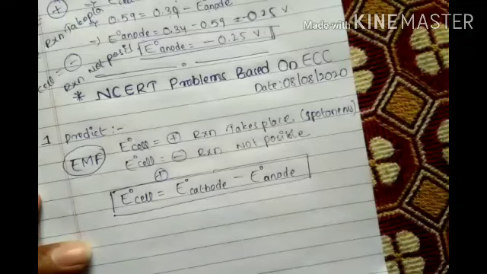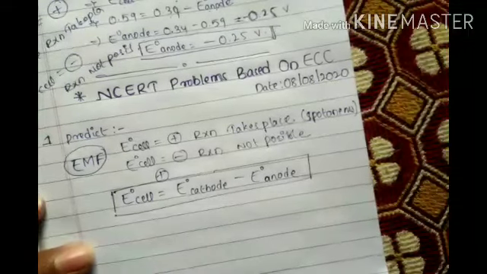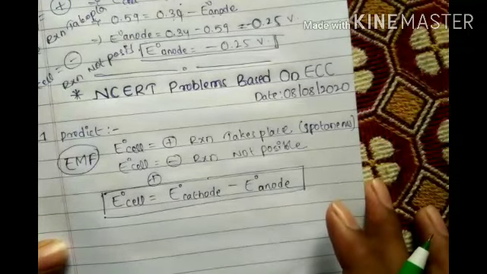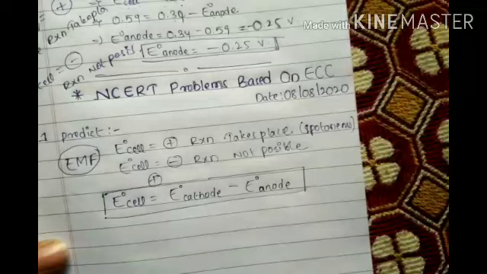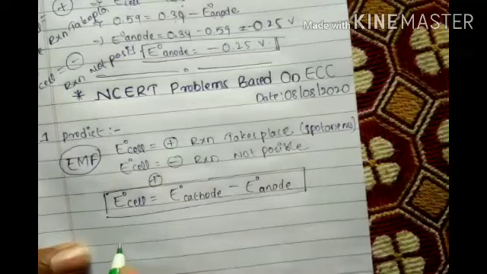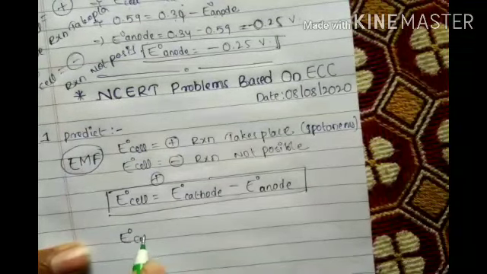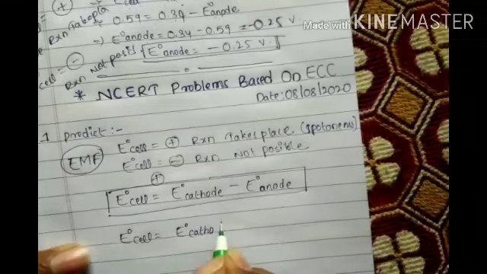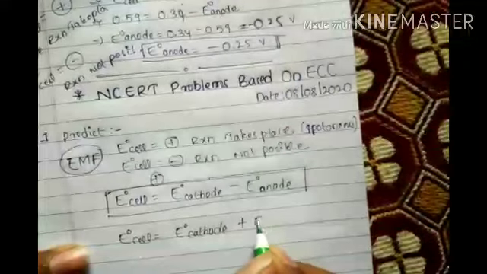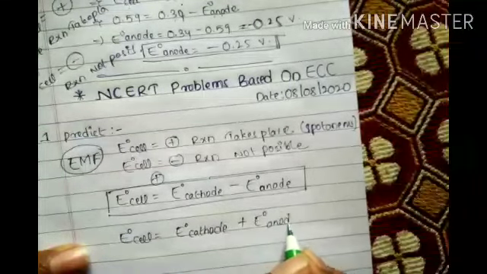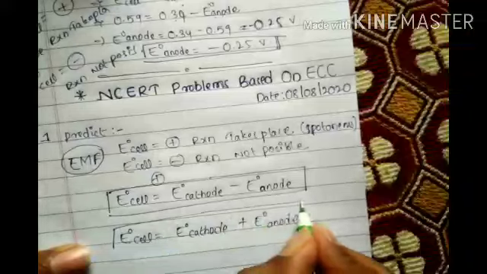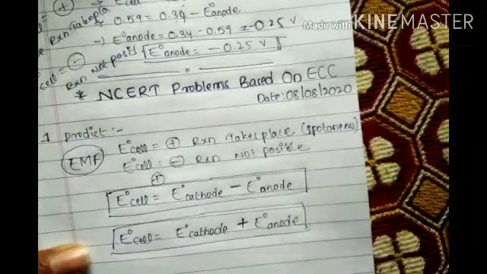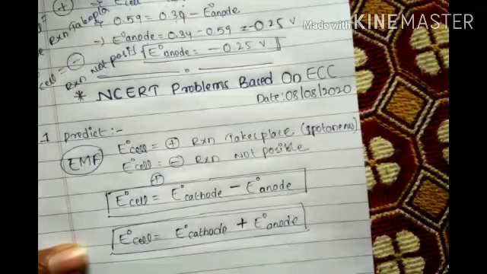Sometimes addition is also possible: E naught cathode plus E naught anode. So not only subtraction, sometimes addition is also possible in this reaction.